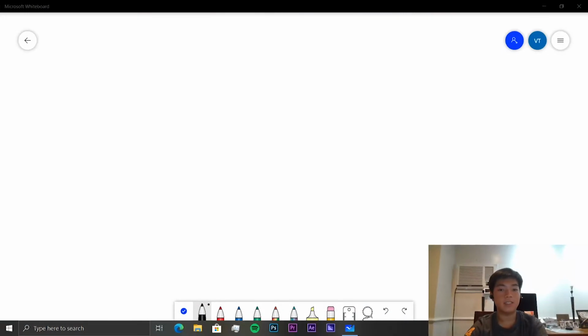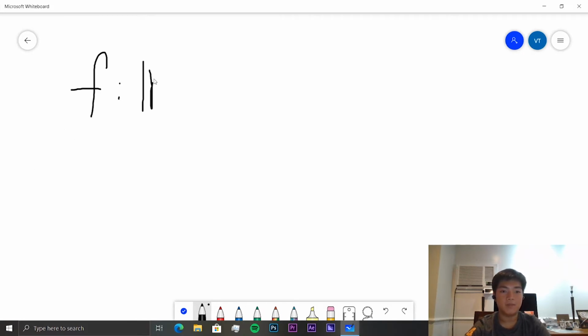So the first thing we need to cover is, well, what is a polynomial? Polynomials are functions that map a real variable to another real variable. It's as simple as this.